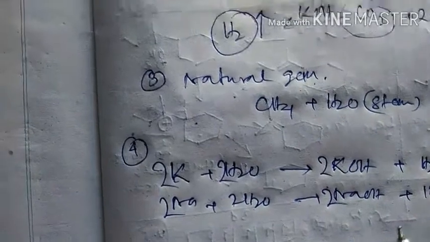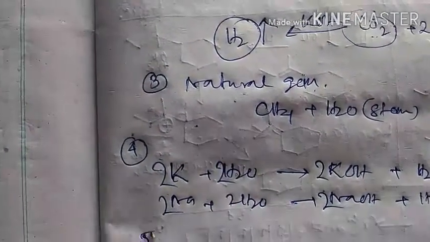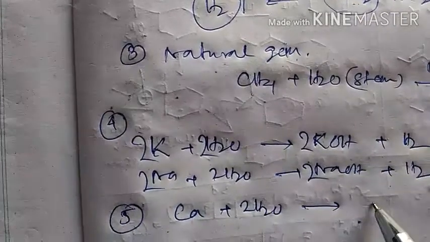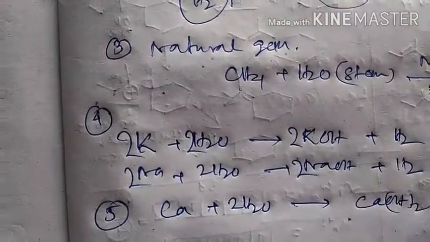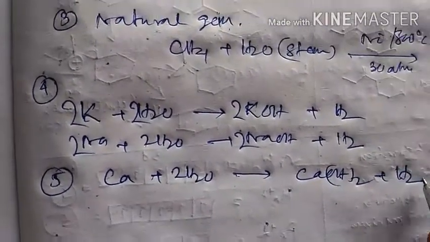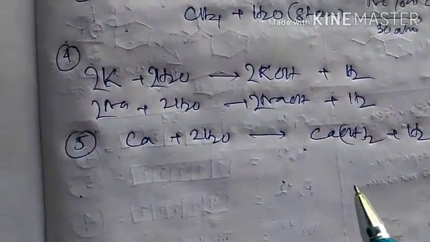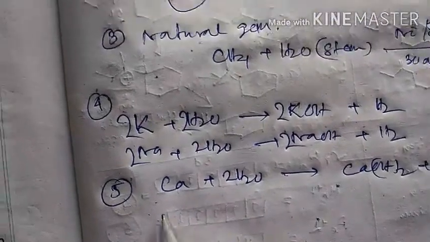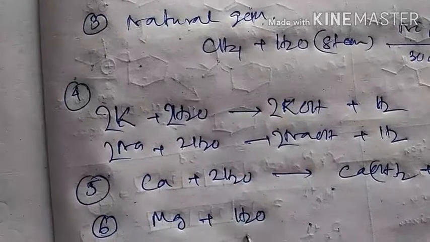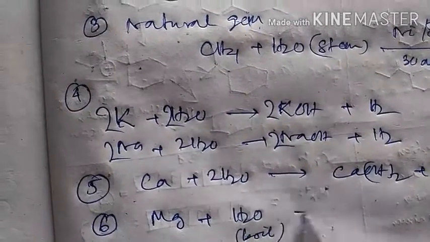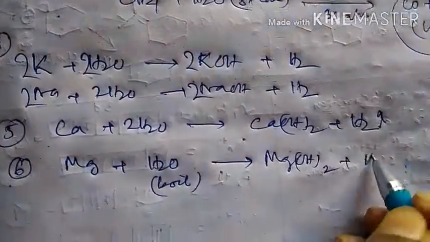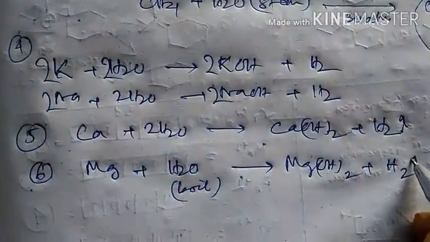A slightly less vigorous reaction is the next one, when calcium reacts with water. Slightly less vigorous, but it is also a vigorous reaction to form hydrogen gas. These are the other methods of preparation of hydrogen gas. Magnesium reacts with boiling water, and in boiled condition it produces magnesium hydroxide and hydrogen.